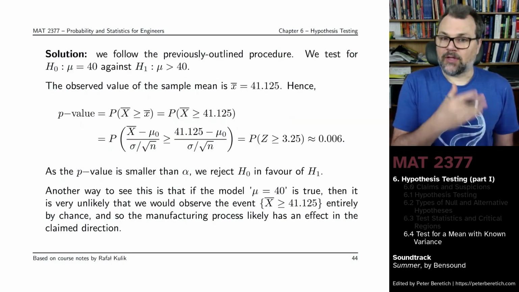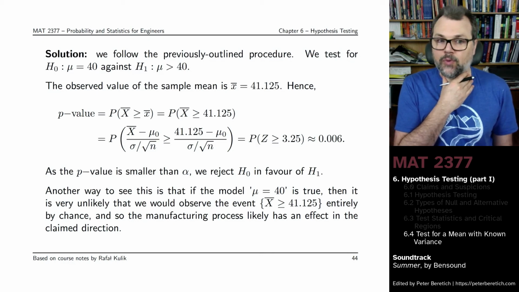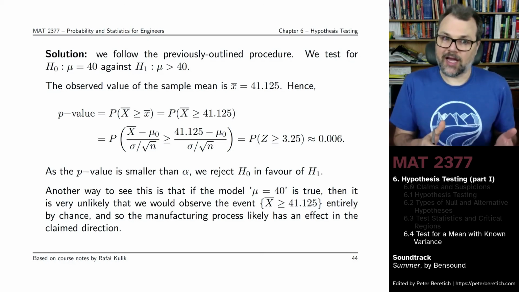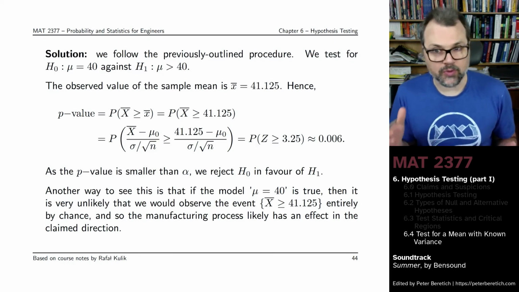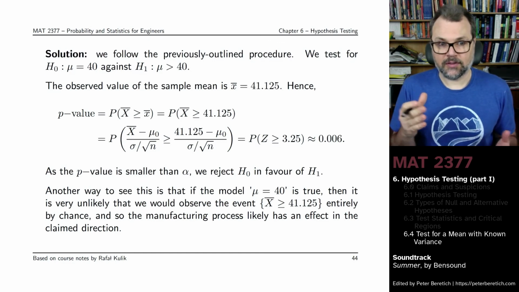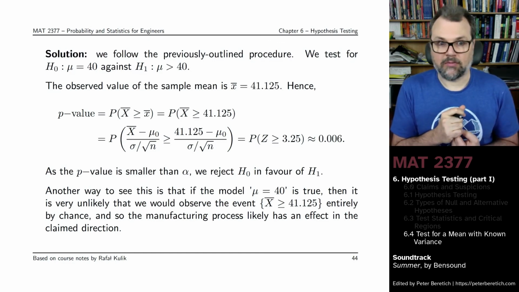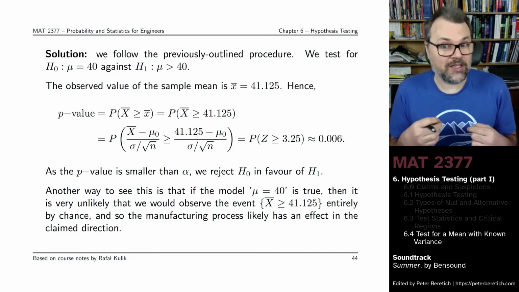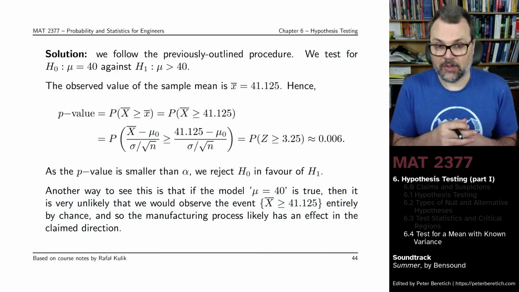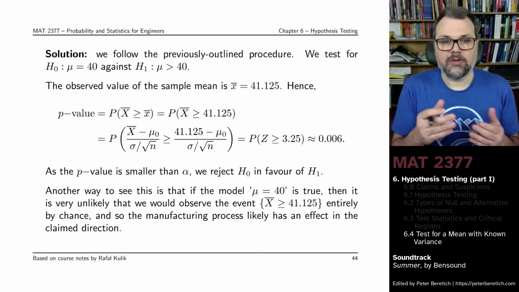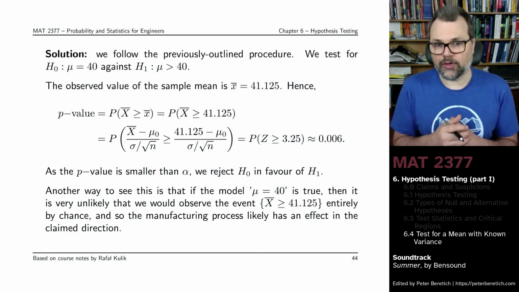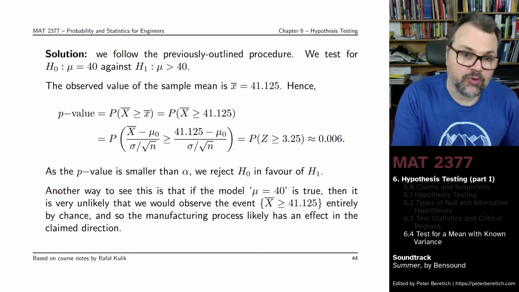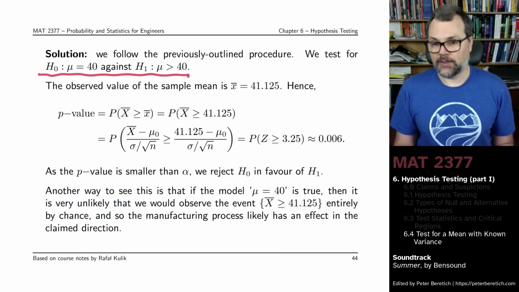So what does the outline tell us? We're testing for the null hypothesis that there has been no improvement in the process, that the new strength population mean is still 40 against the alternative, what it is that we think is happening, what we're trying to prove, that it is in fact greater than 40. Now remember, we are trying to prove this before we have observed the data, right?